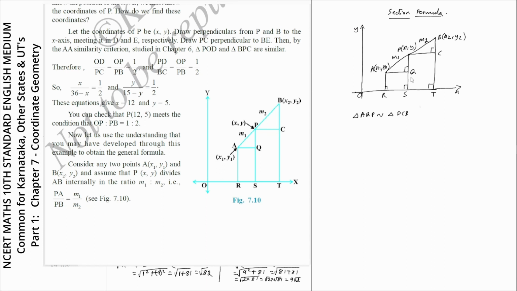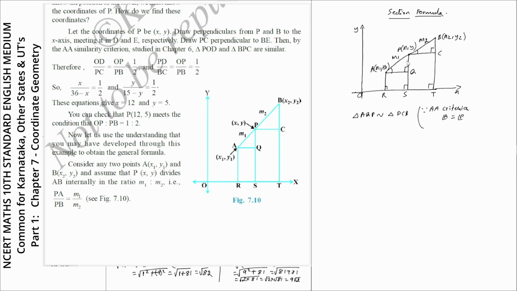What's the reason? Reason is simple, because of AA criteria of similarity of triangles. Which are the two angles that are similar? AA means angle. See, angle A is equal to angle P. Why? Because AQ is parallel to PC.